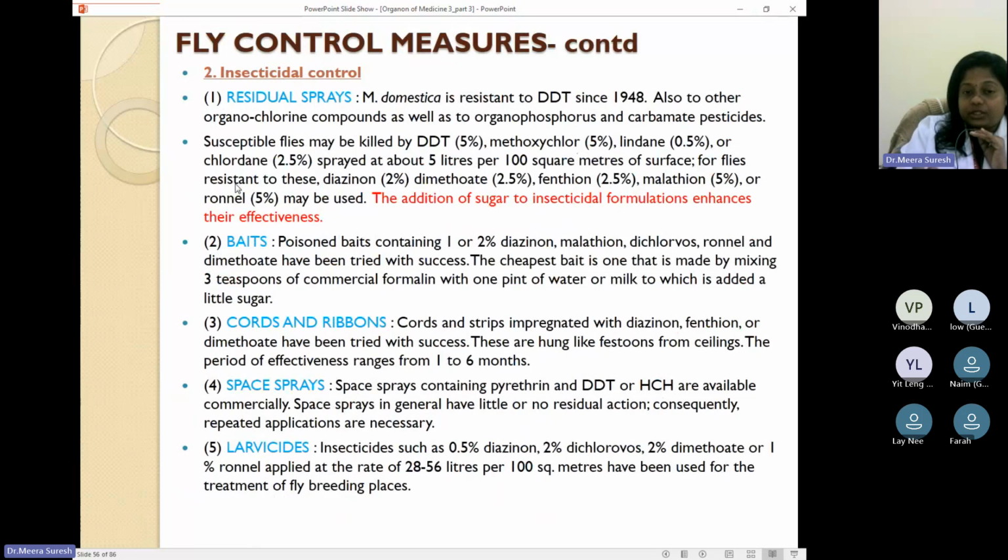I have just put the names of the chemicals or insecticides with the concentration and also how to apply it, like 5 liters per 100 square meters of surface. But I don't want you to study this by heart. For the exam, if not all, just remember at least DDT and lindane, because they will always be seen with other insecticides also.